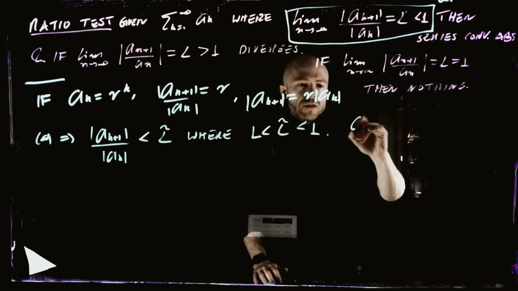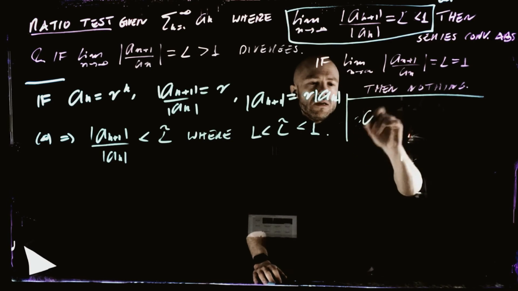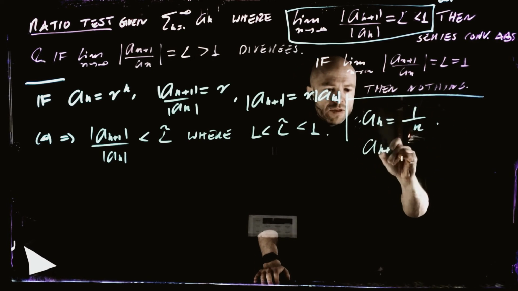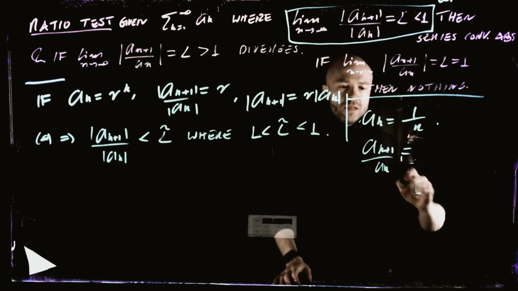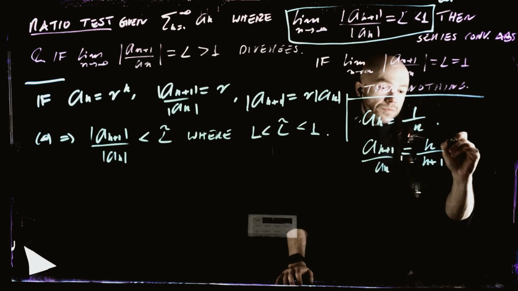If we take a_k to be 1 over k, then sure enough, a_{k+1} over a_k is just going to be k over k plus 1, which tends to 1.